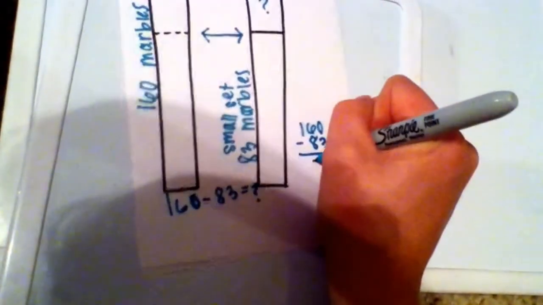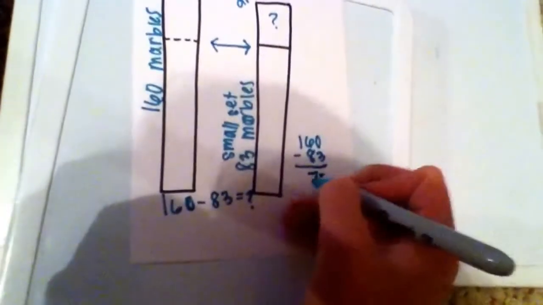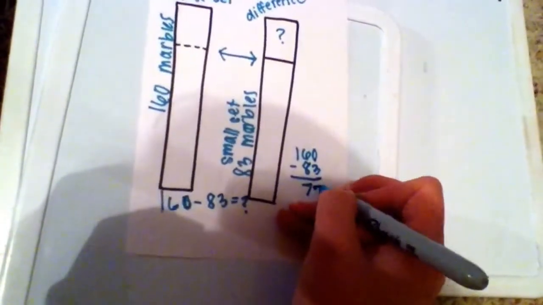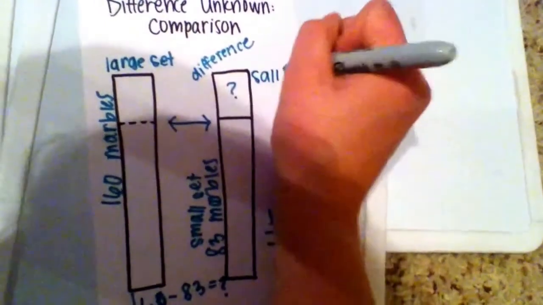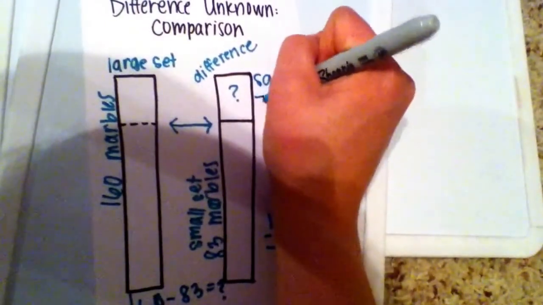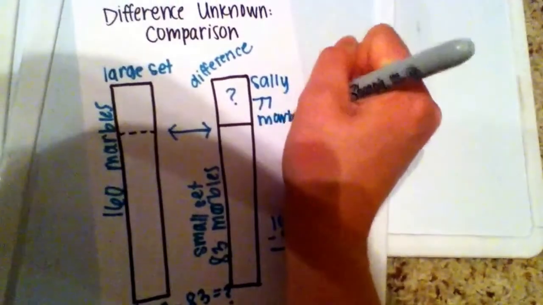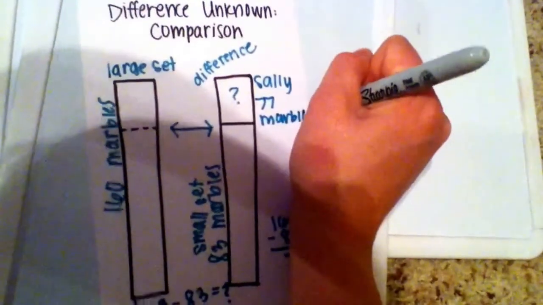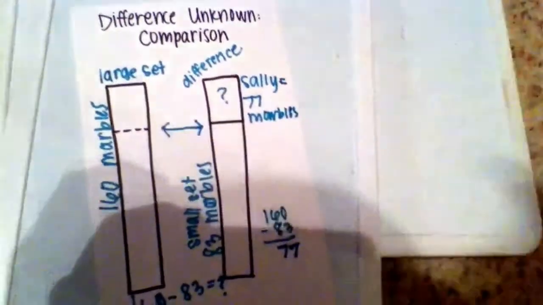And we know that this total will equal 77. So knowing that the total is 77, we know that Sally put in 77 marbles in order to make 160 in all. So the difference is Sally put in 77 marbles. And so that solves our problem. 77 is how many marbles Sally put in.